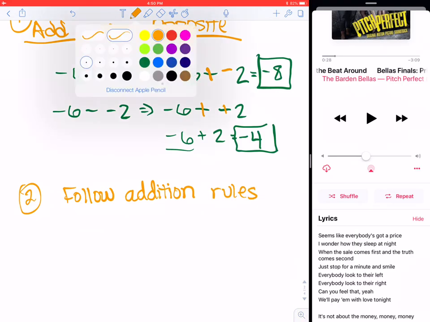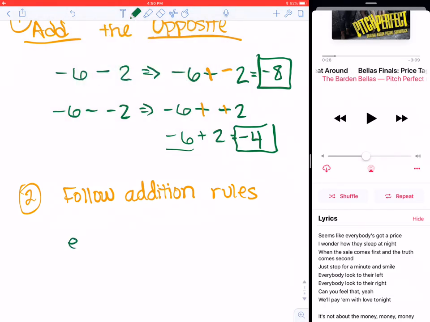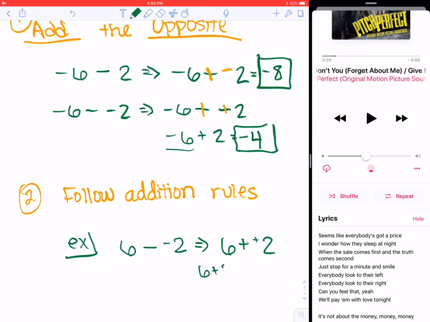And I'll give you one more example to go off of. What if I have 6 minus -2? This is going to become 6 plus +2, or 6 plus 2, which is 8.